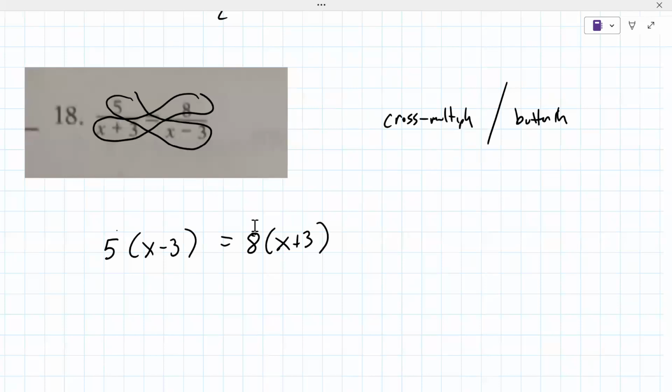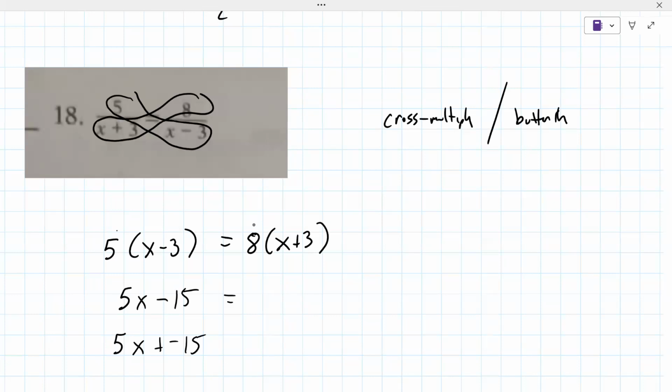We get 5x, and then 5 times 3 would be negative 15. Okay. Now, it might be easier for you if you write plus negative 15. We've talked a little bit about that. Plus negative 15.